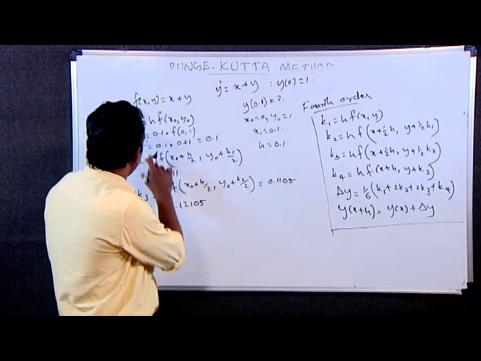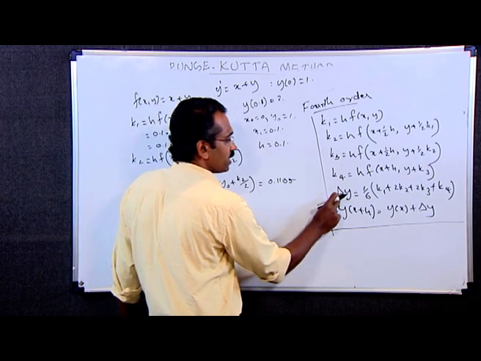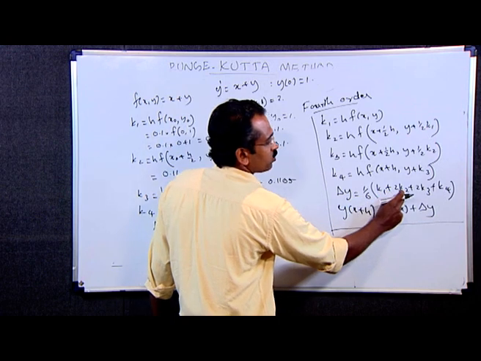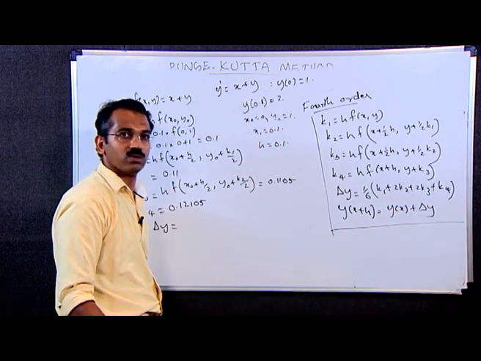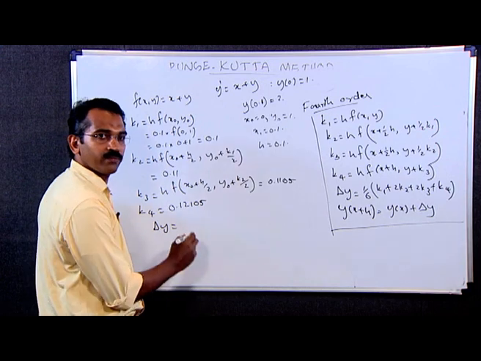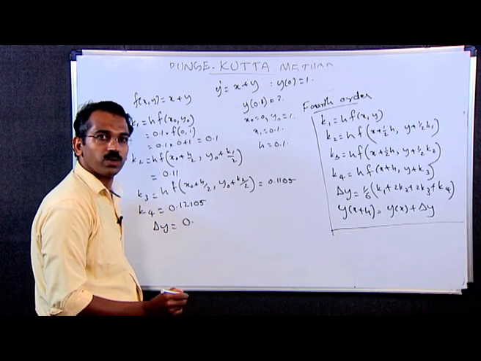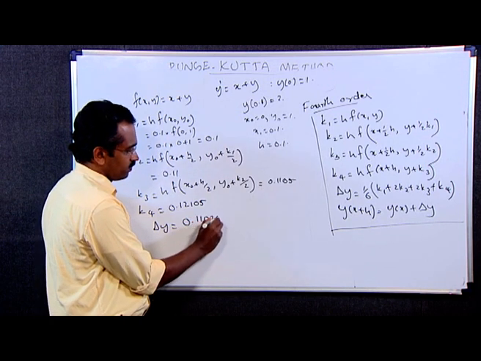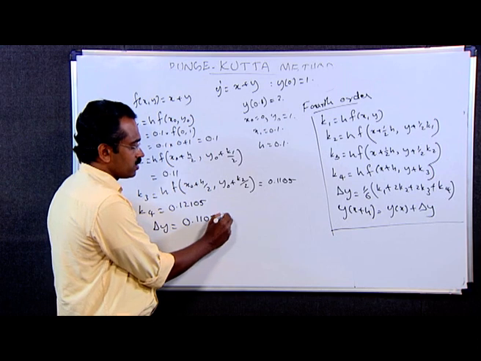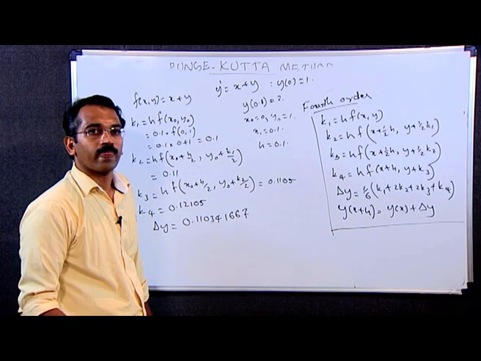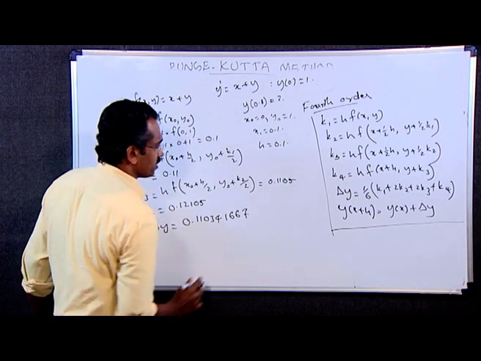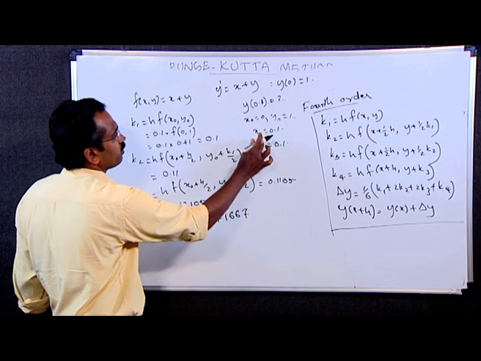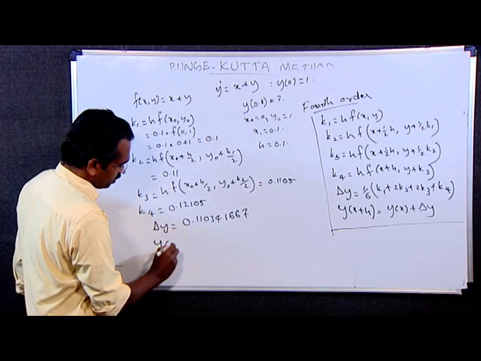Substituting these values of K1, K2, K3 and K4, we get delta y as 1 by 6 into K1 plus 2 K2 plus 2 K3 plus K4. On simplification, we will get delta y as 0.1103416667 and therefore, y of x plus h, that is y of x naught plus h, that is y of x1. Y of x1 is y of 0.1.